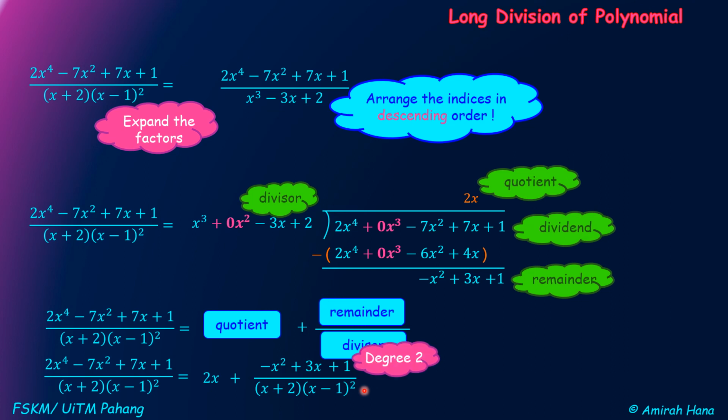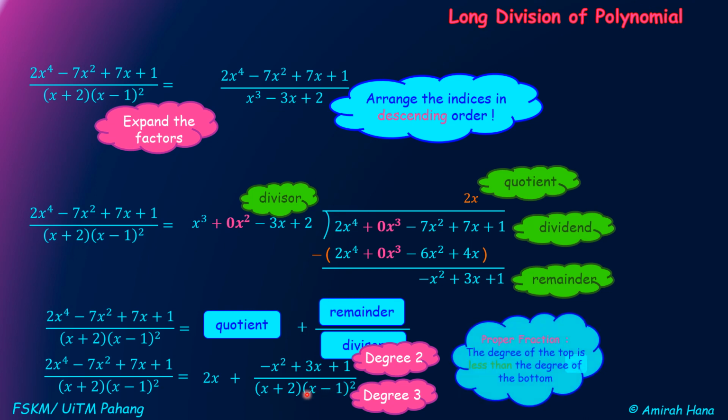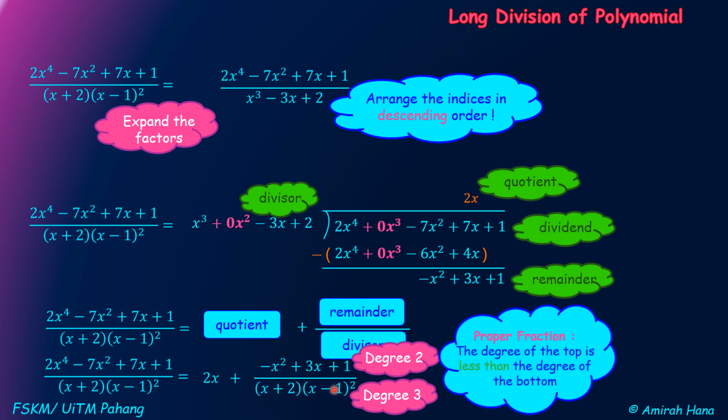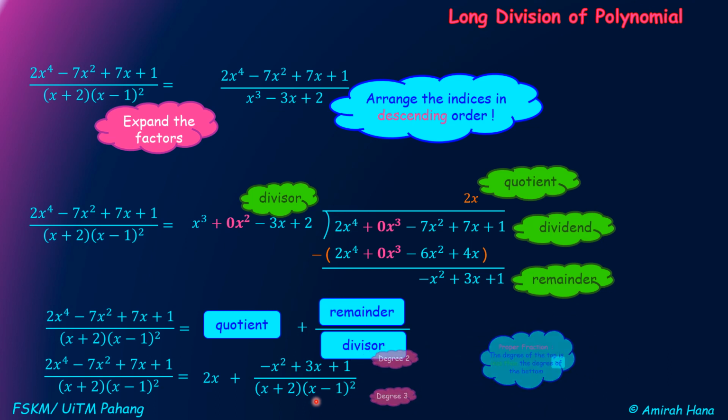Here the numerator has degree 2 and the denominator has degree 3 if we expand. So this is a proper fraction, because the degree of the top is less than the degree of the bottom. After this, we can express it as a sum of partial fractions and then integrate.